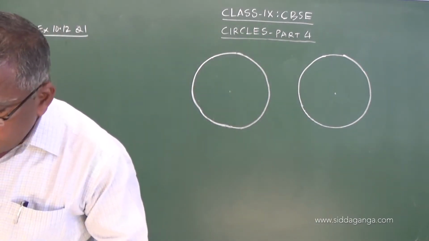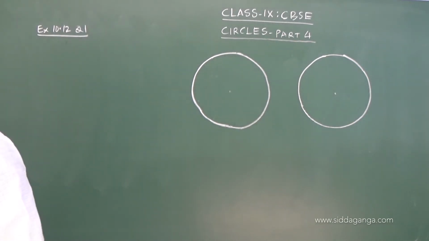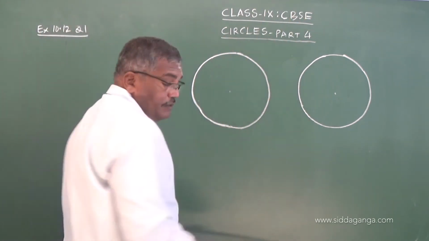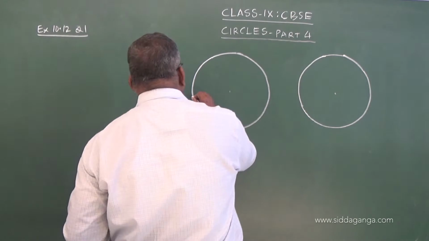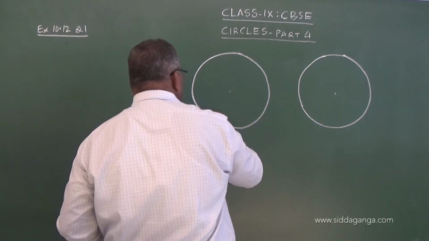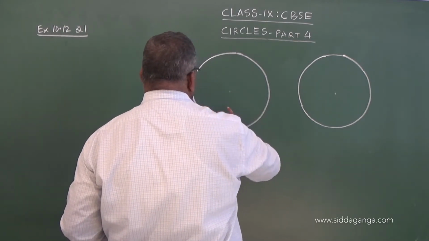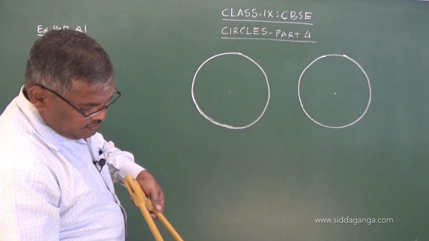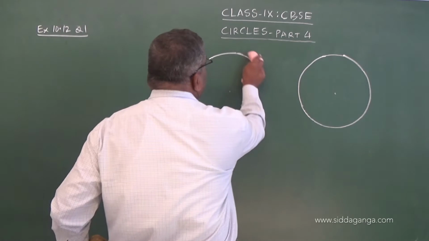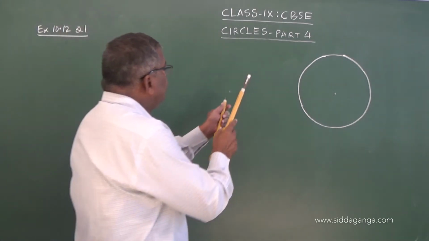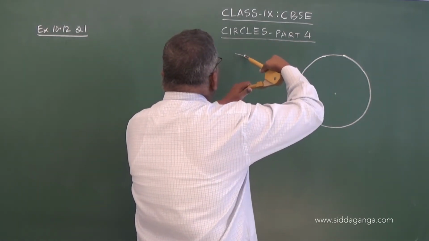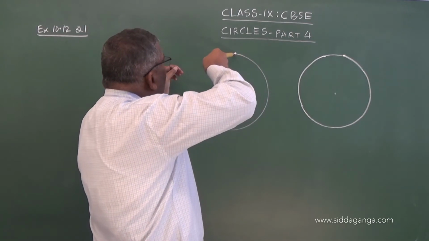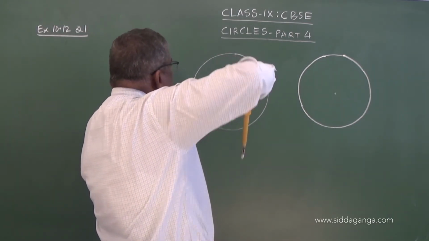See, there are two circles, and they have two separate centers. Now you can see.